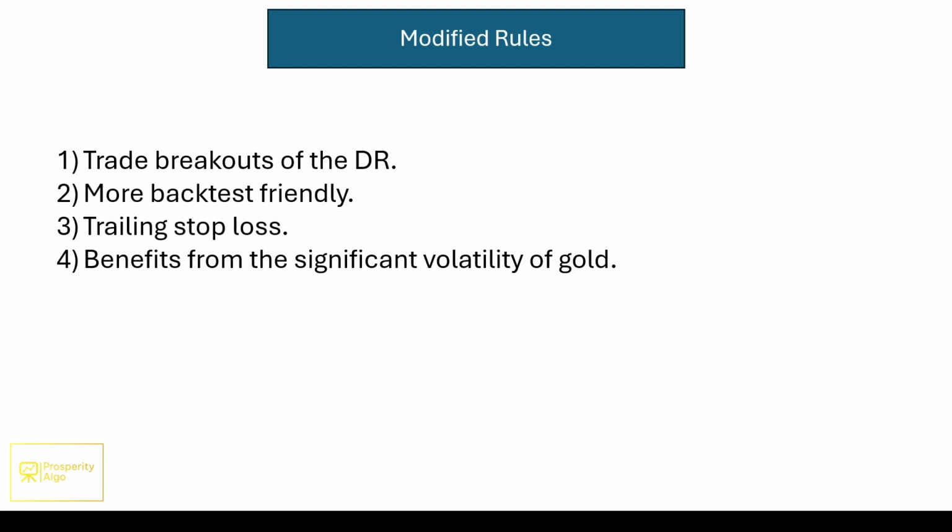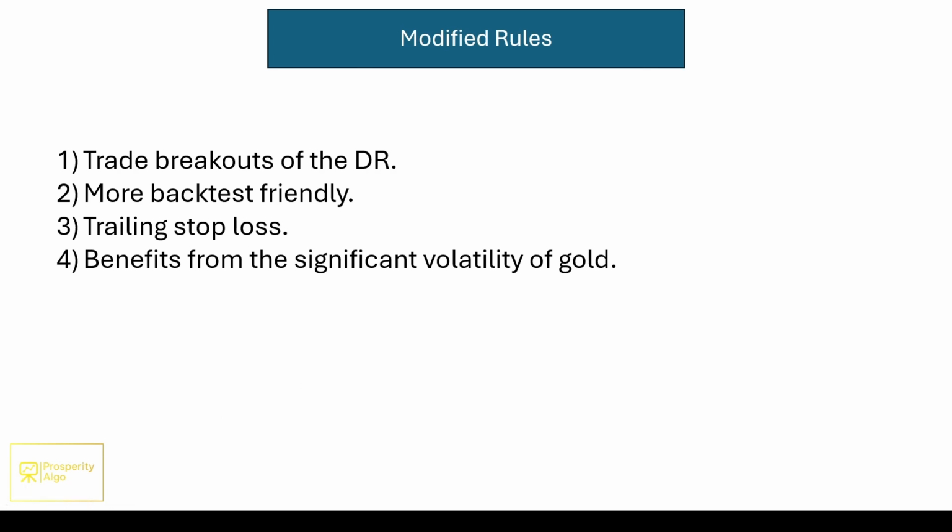So to adapt this to an algo trading approach, we wanted to really test a very mechanical approach, trading breakouts of the DR. And ultimately, this is adapting the system to more of an algo trading gold scalping approach. So before the purists come after me, this is not a pure backtest of the original concept. It's taking the concept and using it to test a new system.